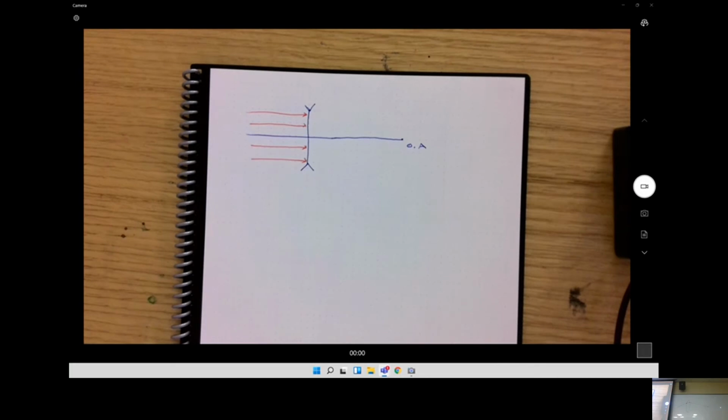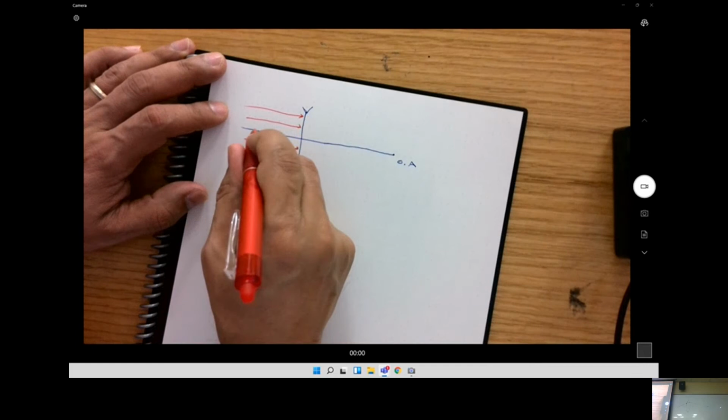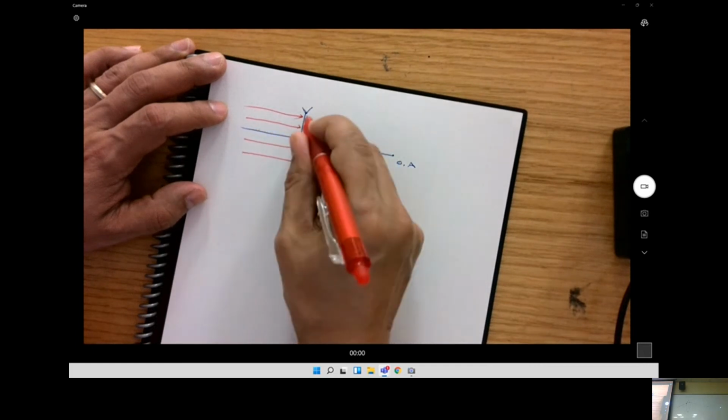When light coming parallel to the optical axis hits a concave lens, it is going to spread out, it's going to diverge.